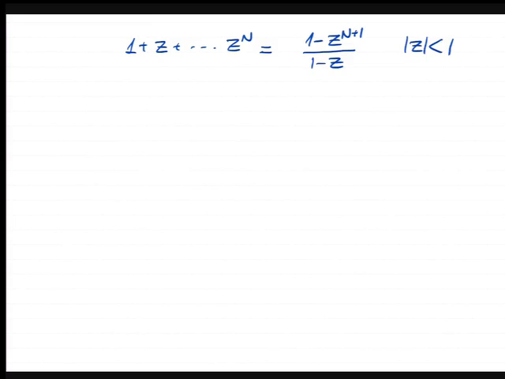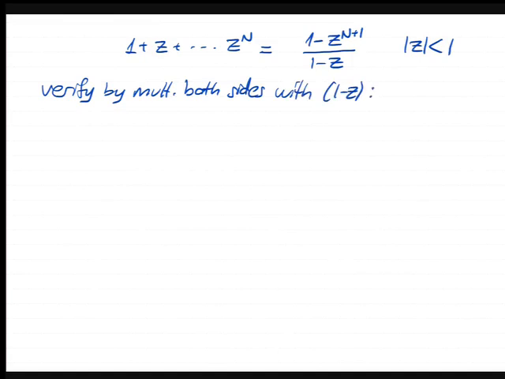Why is that true? Well, verify this by multiplying both sides with 1 minus z. If I multiply the left-hand side with 1 minus z, first multiply it by 1, so it's the same thing, right? Z to the n.